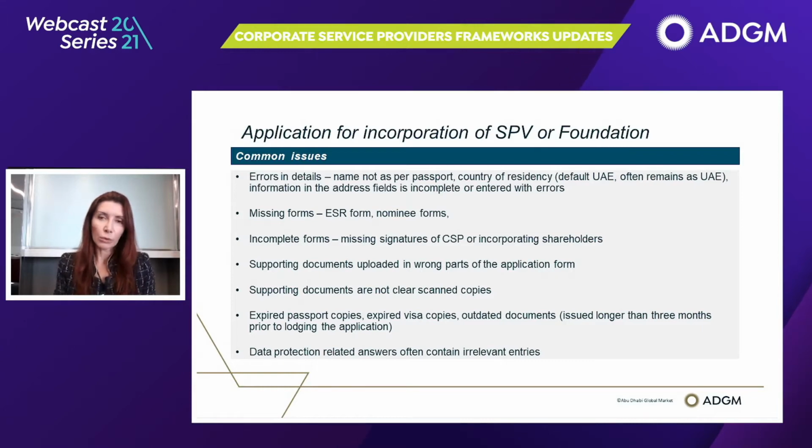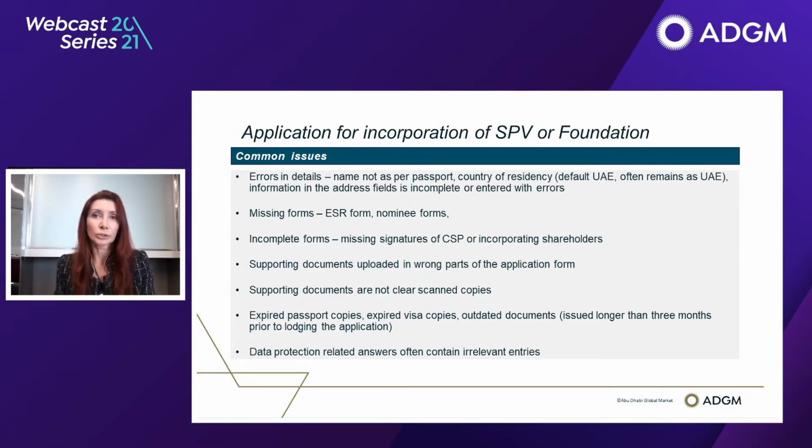For example, we accept most recent and relevant documents, and we request that these documents are issued not earlier than 3 months before you lodge the application. So please make sure that the supporting documents for the body corporate are issued in the past 3 months, not earlier than 3 months. Then we consider them no longer recent and relevant, and therefore outdated.